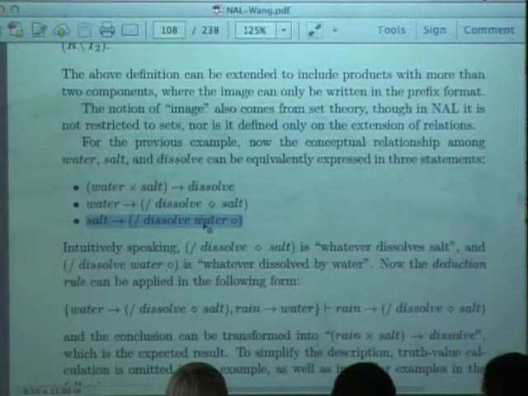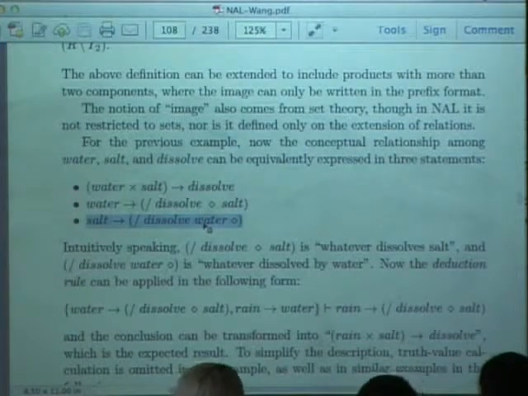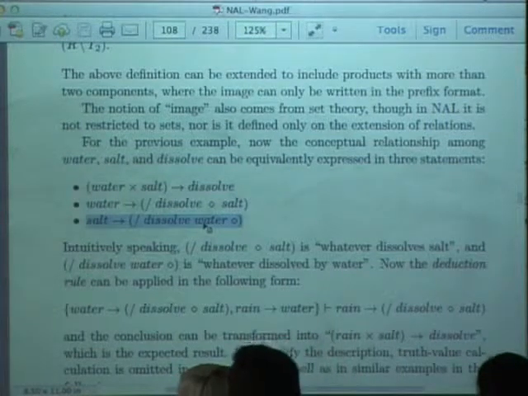As soon as you allow that kind of rewriting, these three have the same meaning in the sense that they have the same truth value. If you believe one to a degree, you should believe the other, because it's basically the same sentence. Just like in natural language, passive voice and active voice put different things in the place of the subject, even though you're talking about the same thing with a slightly different focus.